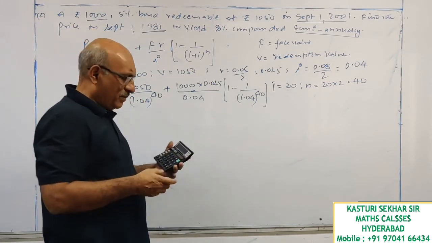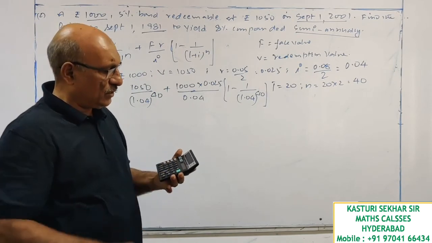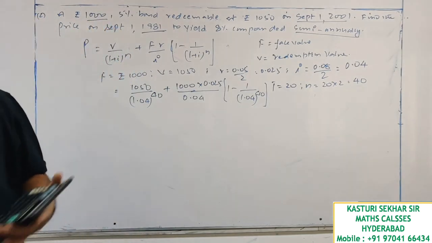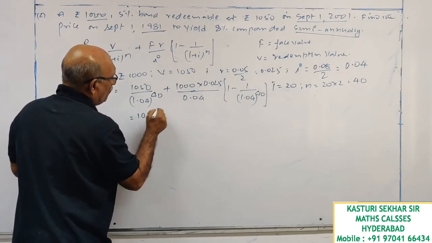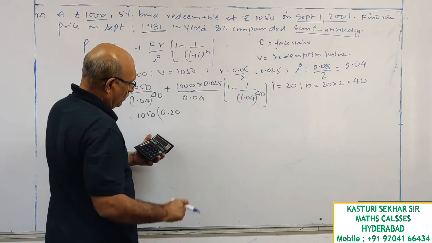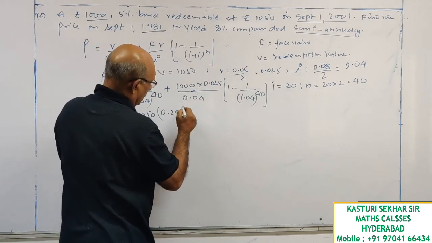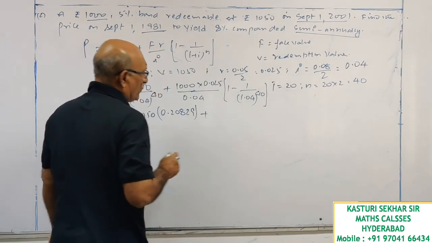So you put it in memory. M plus, 1 divided by MRC is equal to 0.20829. So this is 1050 into 0.20829 plus.